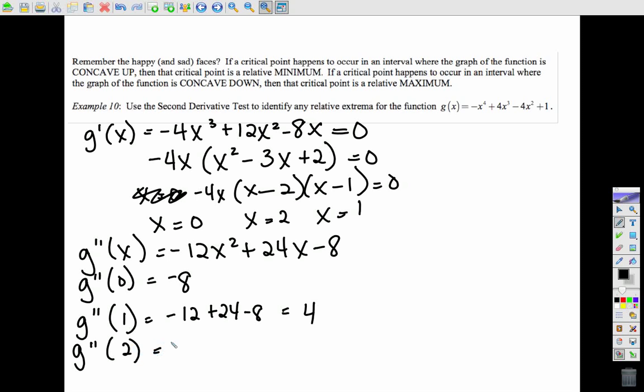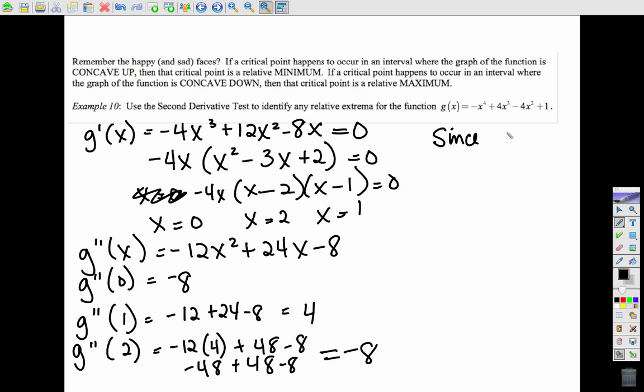And then g double prime of 2 is going to give me negative 12 times 4 plus 48 minus 8. That is negative 48 plus 48 minus 8, which is a negative 8. Okay, so with pretty minimal work here, we are able to determine the relative maxes and mins.